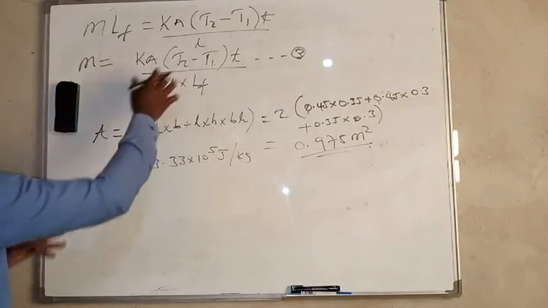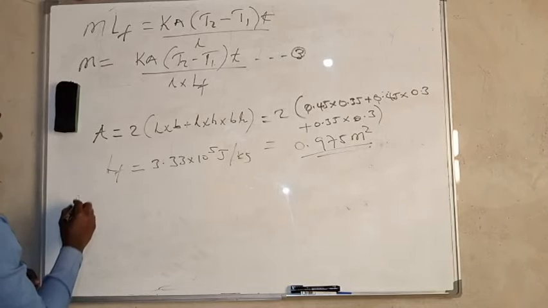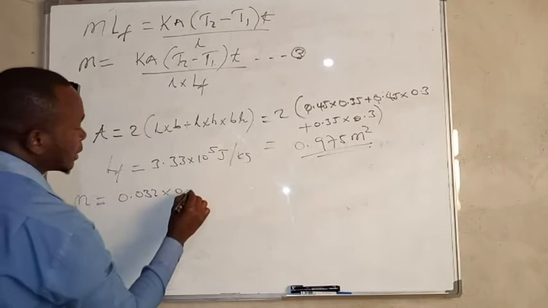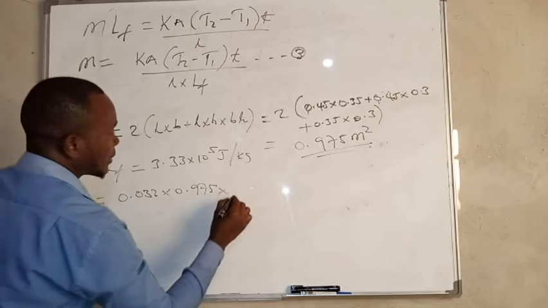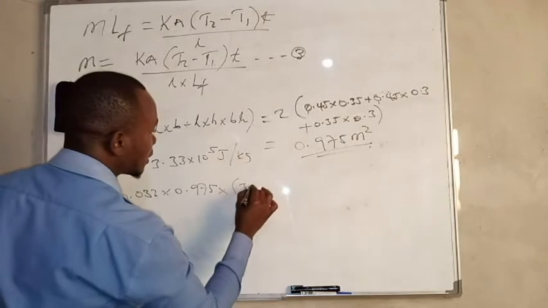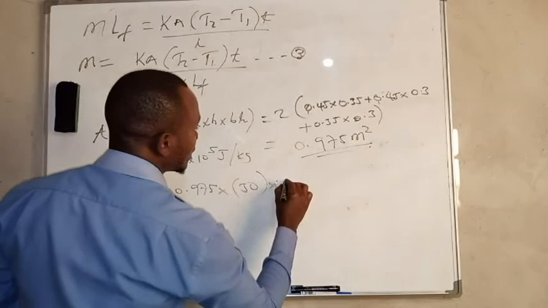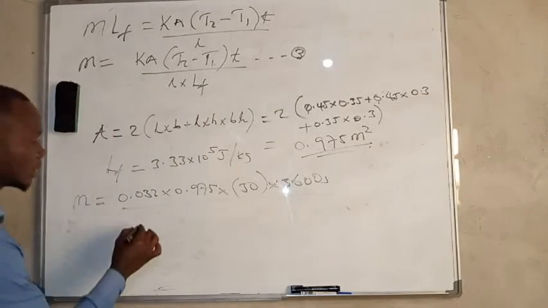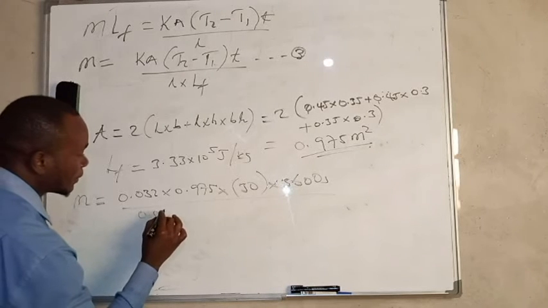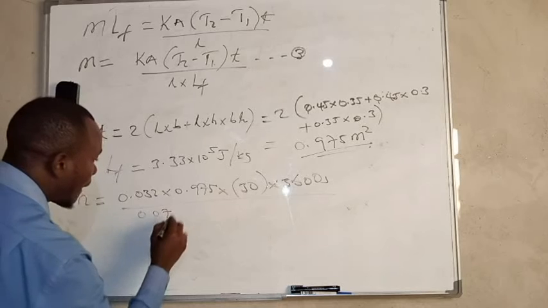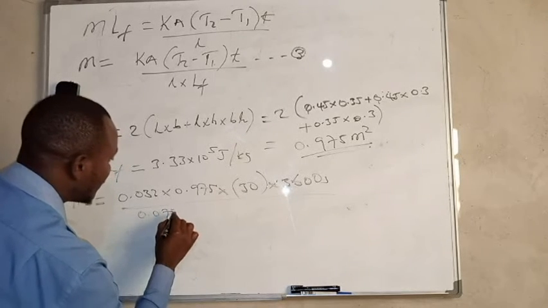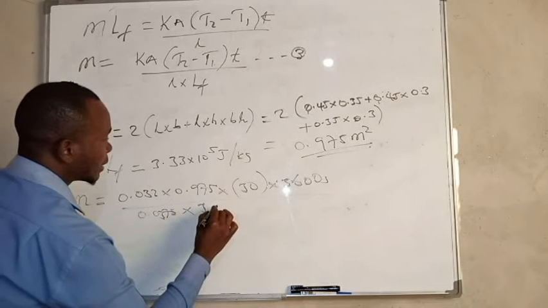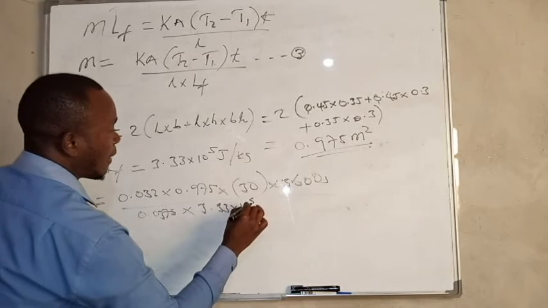If we plug these values and the value for K into this equation, the mass is 0.032 times 0.975 times the change in temperature, which is 30, times the time, 3,600 seconds, over the thickness, 0.0375, times the latent heat of fusion, 3.33 times 10 to the power 5.